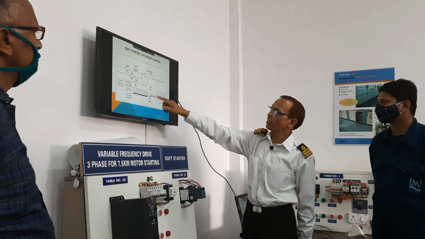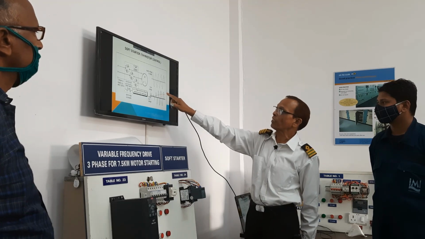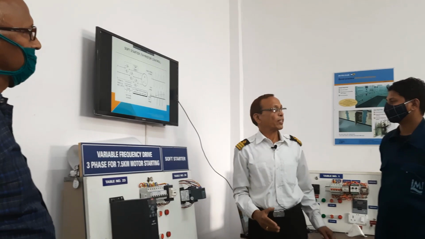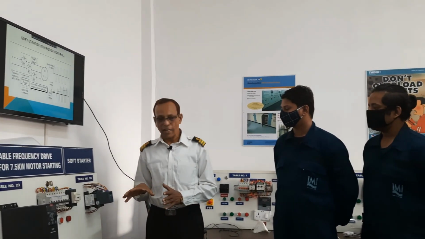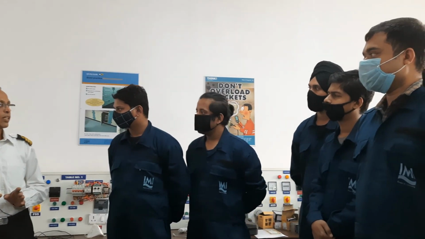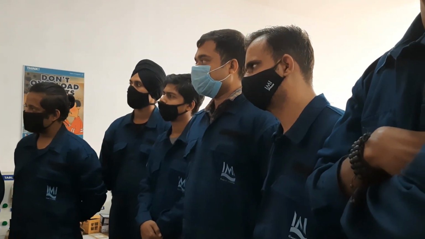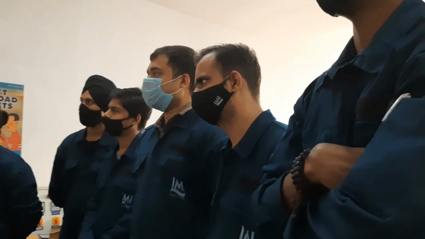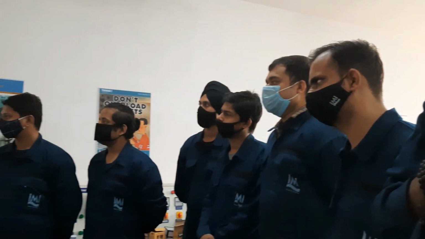It goes slowly up and gets to your full RPM. At full RPM you can set a timer, and it will change over. So your soft starter will cut off and your motor will run as normal. The jerk that was supposed to come on the switchboard is vanished, so it is more efficient.